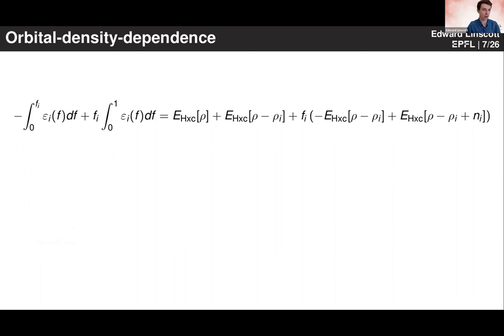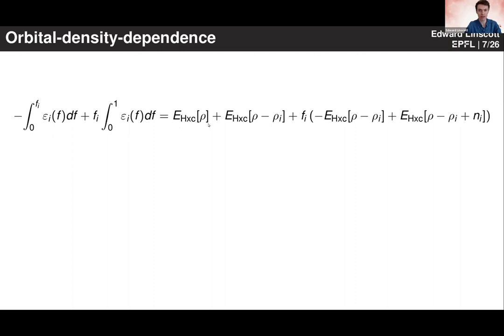But now there's orbital density dependence. So here on the left, I've written down our correction that we're going to apply to one particular orbital in our system. And if you write this out, then you get a term that looks like this. So ultimately, you're not doing these complicated integrals.